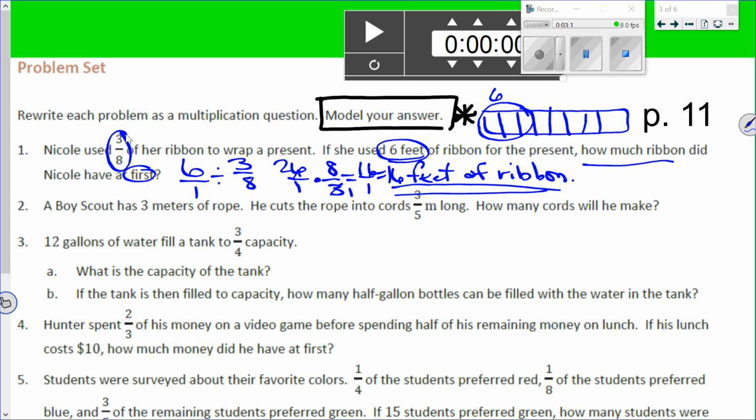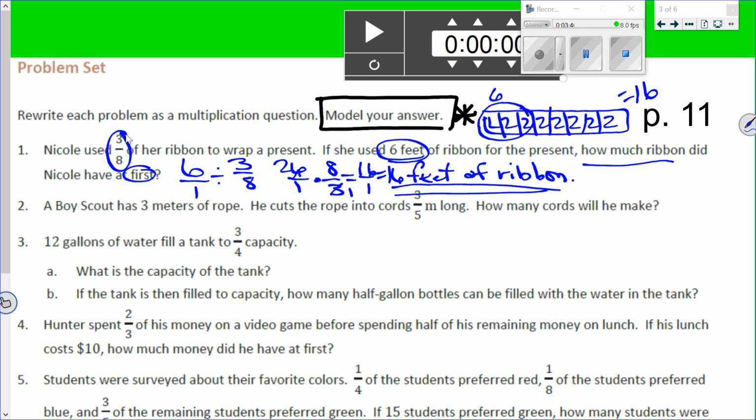So each box gets a 2. And as we learned with our ratio constant, once I have one box, I have all of them. That's why it's a ratio constant. So if every box has a 2, and there are now 8 boxes, what was my total feet of ribbon? 16. Make sense?